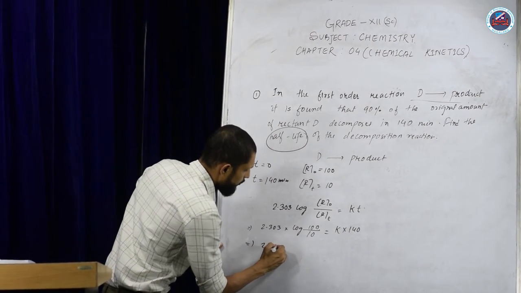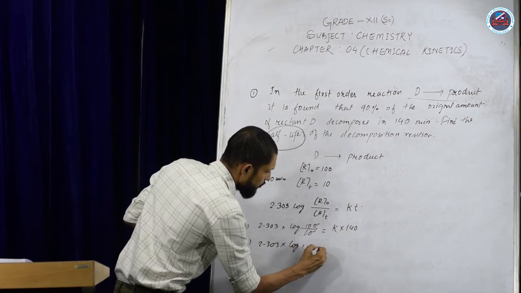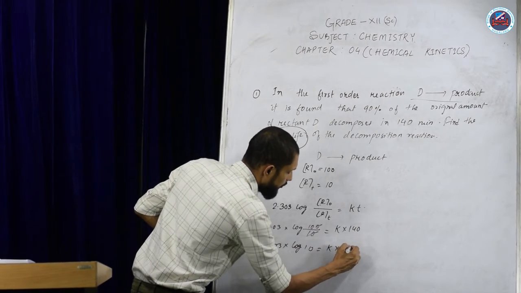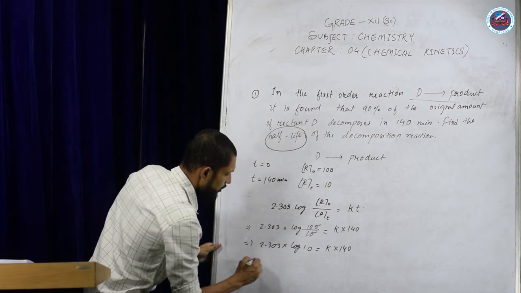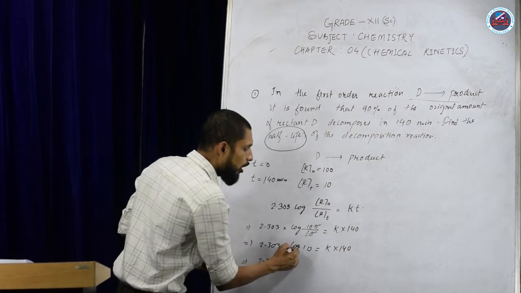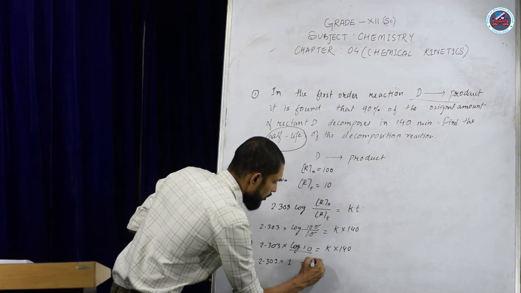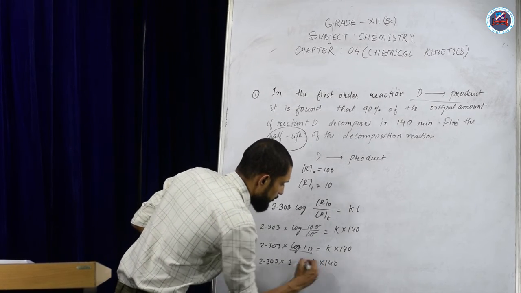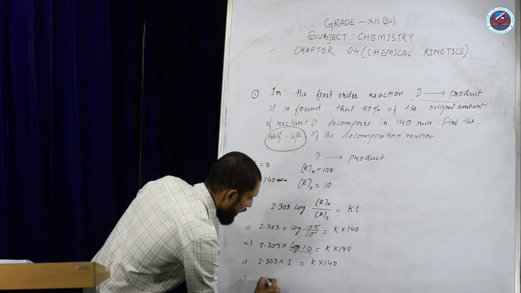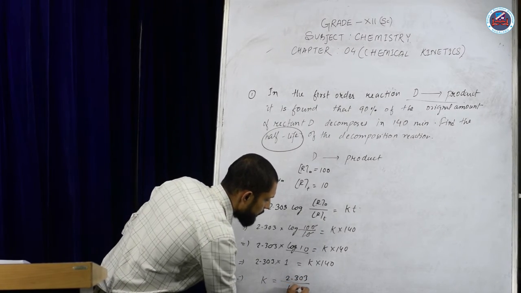So 2.303 multiplied by log 10 is equal to k multiplied by 140. So 2.303 multiplied by, we know the log 10 value, log 10 value is 1, is equal to k multiplied by 140, which implies k is equal to 2.303 by 140.